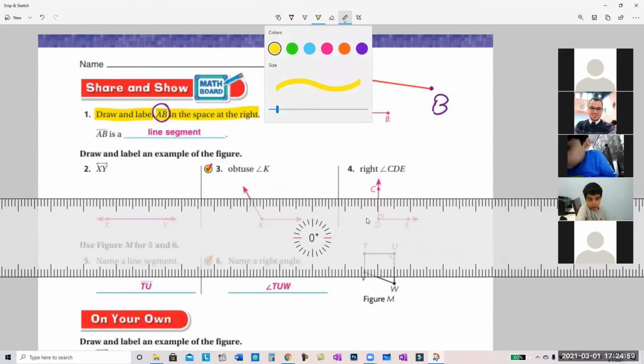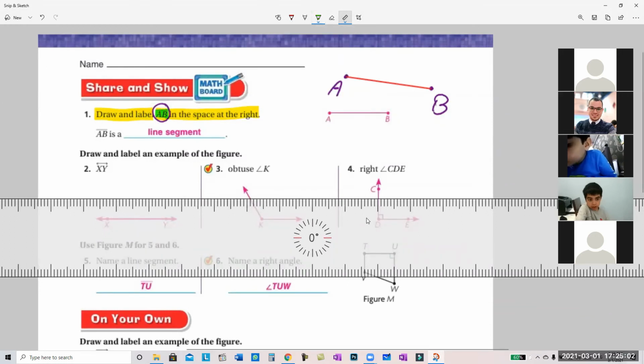Of course, we know that it will be a line segment because there is a line segment symbol above AB. So it's so important to look above the letters. By the way, you can do it in different directions, guys. It's correct.